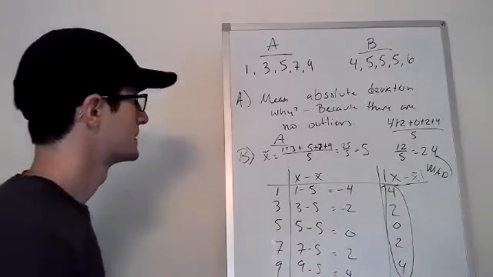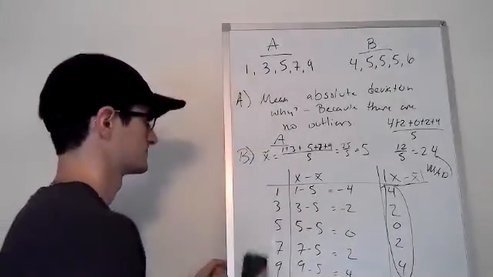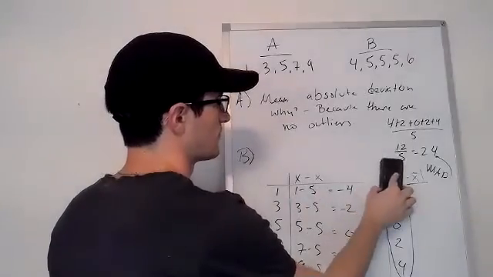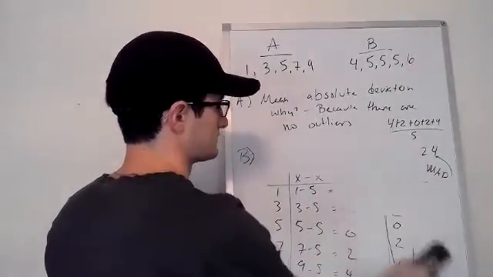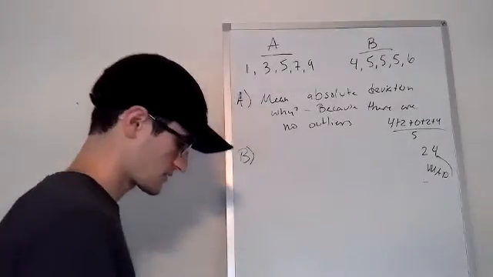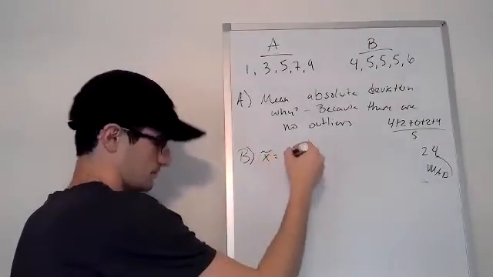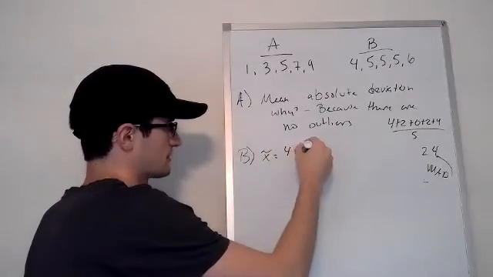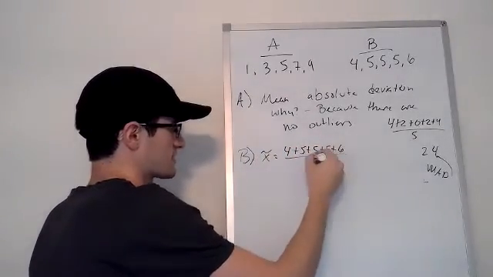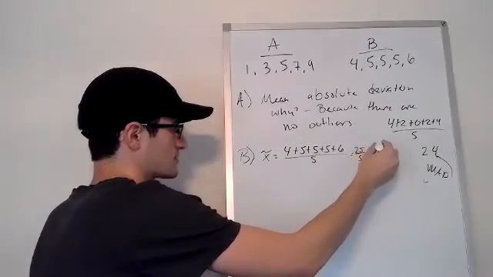Okay. So let me do this with class B. Again, this will be posted pretty quickly. I will leave 2.4 there. So let's do this again. Mean, which is 4 plus 5 plus 5 plus 5 plus 6 divided by 5, which is 25 divided by 5, which is 5.